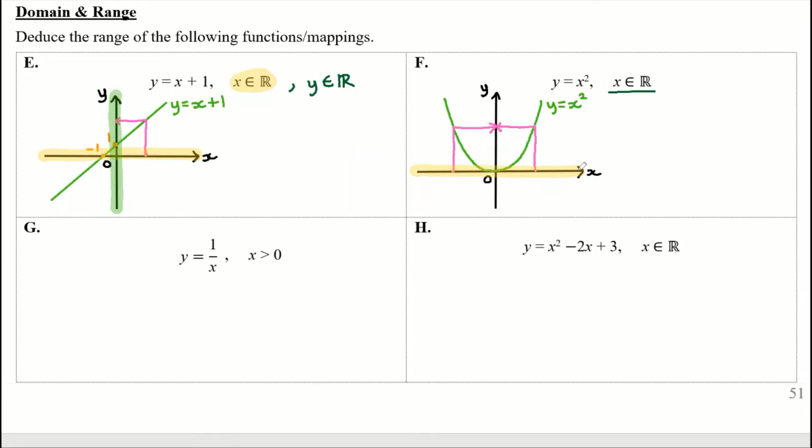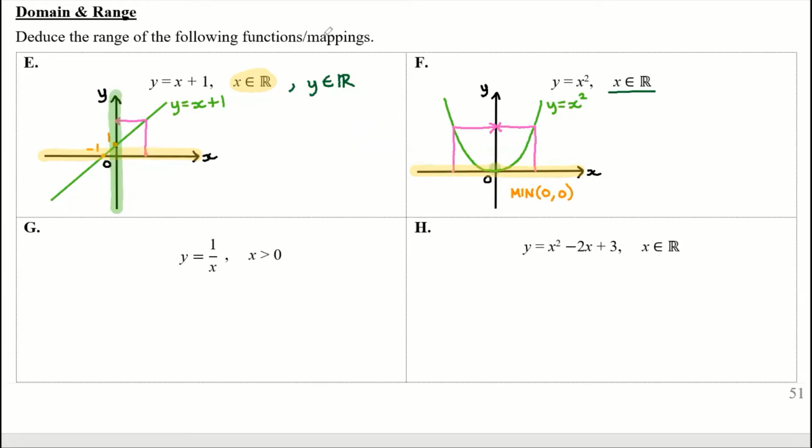Well, you'll notice from the sketch that this graph has a minimum value. And its minimum value occurs at the point 0, 0, at the origin. And the minimum value means something, doesn't it? It means that the graph cannot exist below the x-axis.